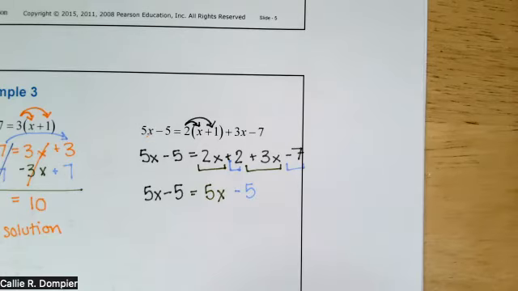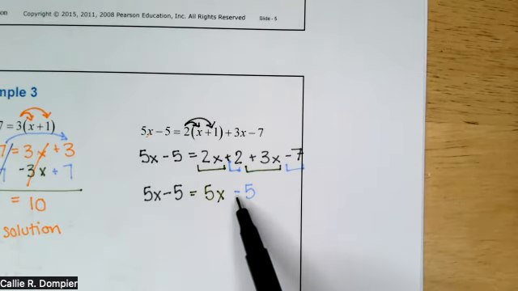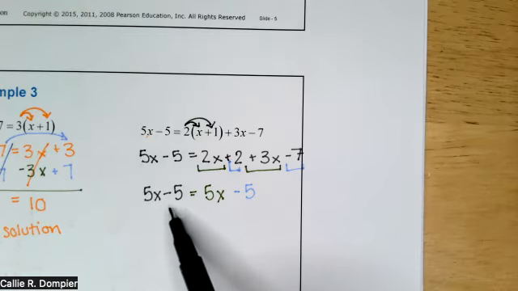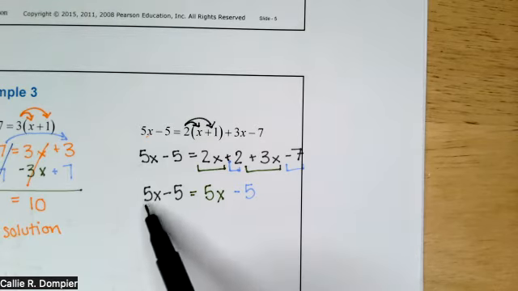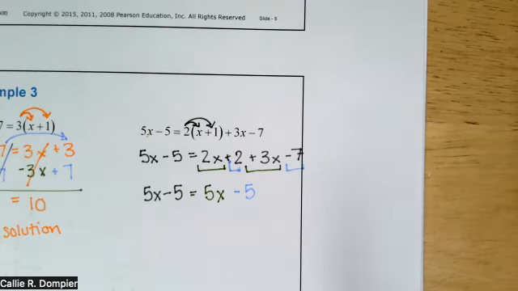If you see this, what do you think? Just look at it and say, if x was 0, what would happen? Negative 5 equals negative 5. If x was 1, what would happen? 5 minus 5 is 0. 0 equals 0.